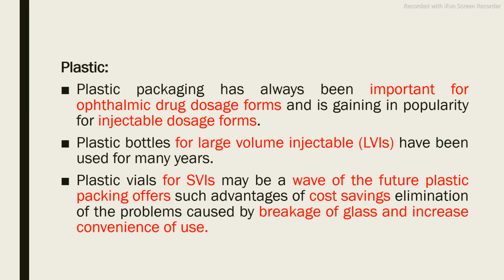This may be a cost saving, because it eliminates problems caused by the breakage of glass and increases convenience of use. As glass materials are fragile, there are chances of breakage. So plastic can replace glass also in the case of small volume parenterals, but in the future. Nowadays, plastic is the packaging material only for large volume parenterals and also the ophthalmic dosage form.